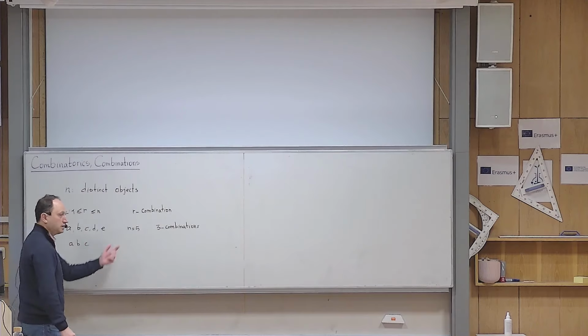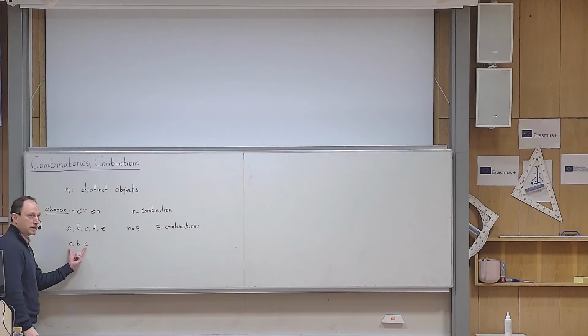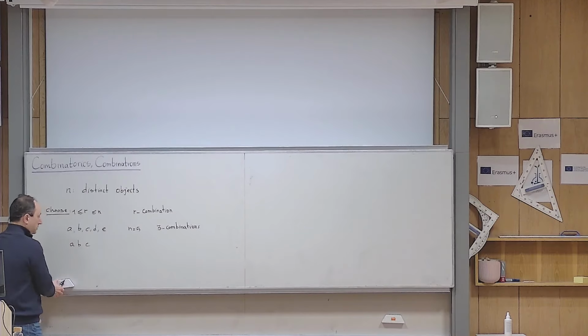But in the combination, I just choose them. It doesn't matter if you write A, B, C, B, C, A, or whatever. So this is just one 3 combination. If you write A, C, B, this is not a new 3 combination. It is the same 3 combination, so you write it only once. That is one possibility.